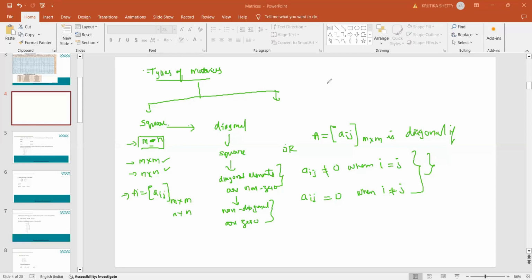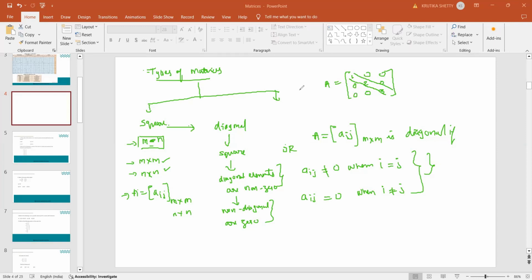Here I will explain with an example, which makes it easy. Which are the three diagonal positions? 1, 2 and 3. These diagonal elements are non-zero. The rest of the six elements, the non-diagonal elements, are equal to 0.